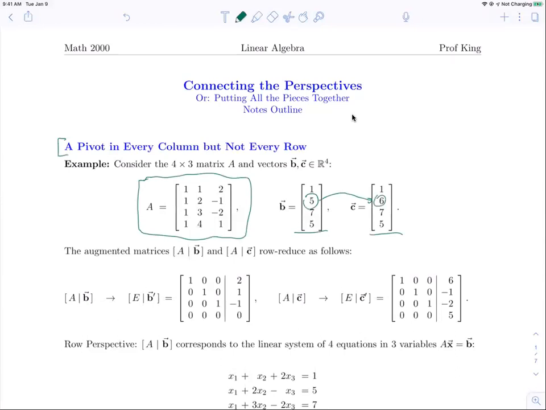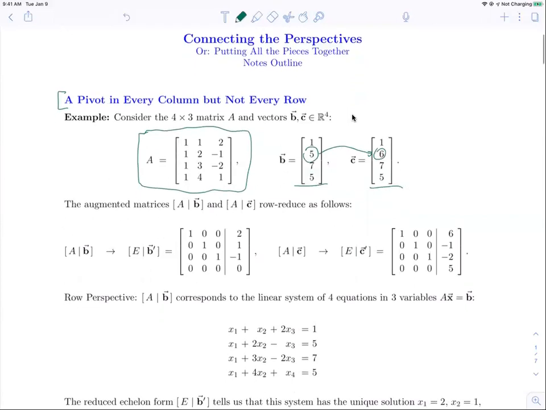And if we think about the augmented matrices, I want to take A and augment it either with B or with C, and then we row reduce. I did this in Mathematica. If we row reduce A augmented with B, we get this reduced matrix.